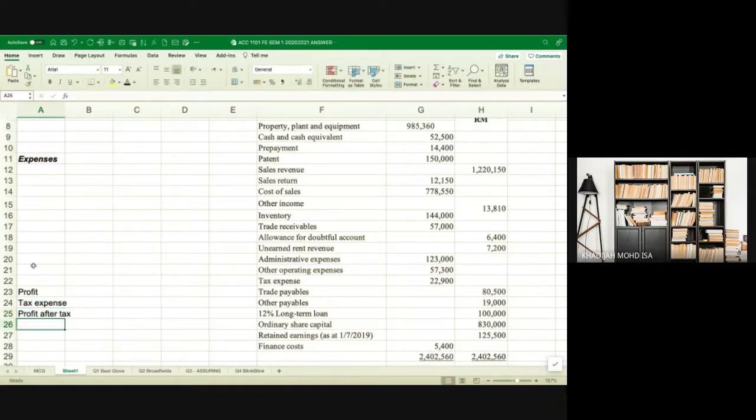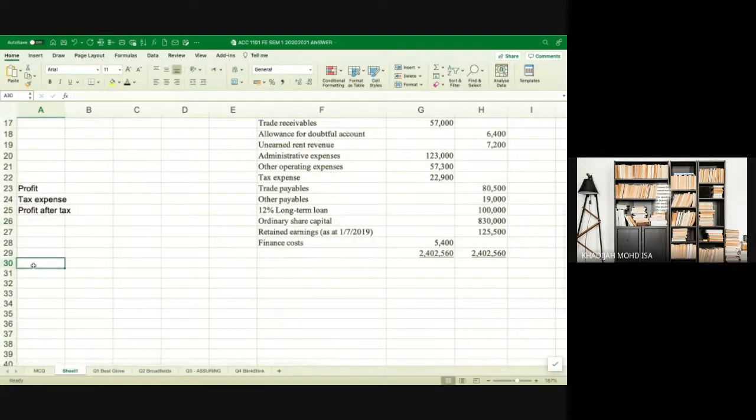Yeah. And then what you need to do is your statement of retained earnings or statement of your equity, right? For the year ended 30th of June 2020 also, right? So this is the second statement that you have to prepare. So what will appear in your SORE?